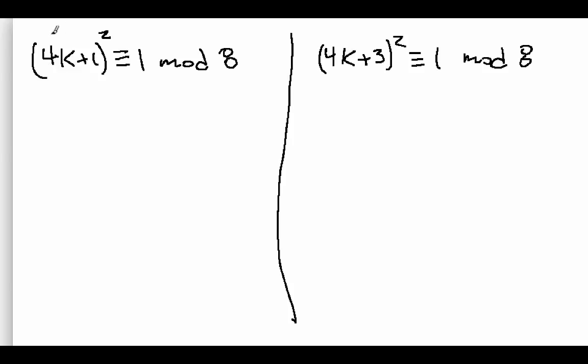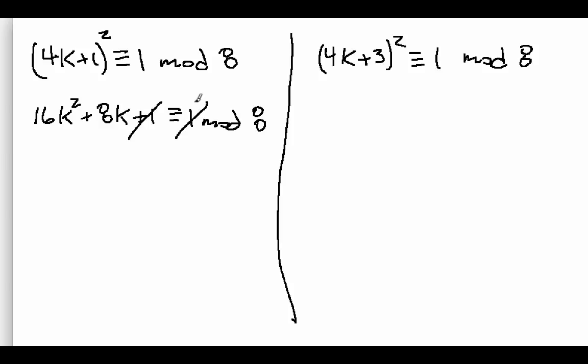Well, I'm going to come over here and I'm going to square this side, and that's going to give me 16k squared plus 8k plus 1 congruent to 1 mod 8. And I'm going to cross the ones off on both sides. And look at what I've got left on the left side here. This is 16k squared plus 8k is congruent to 0 mod 8.